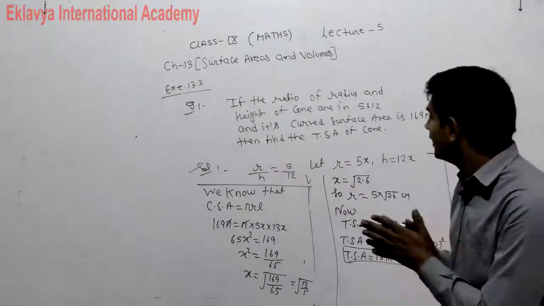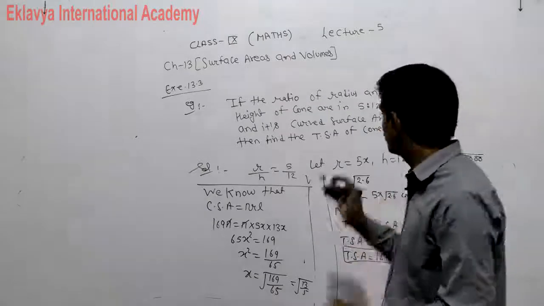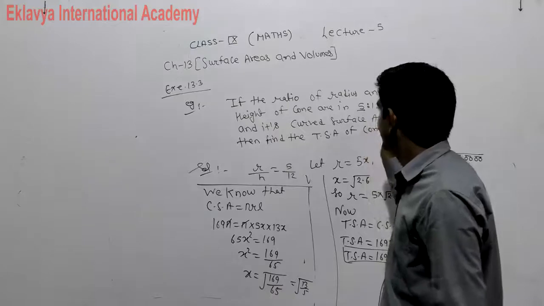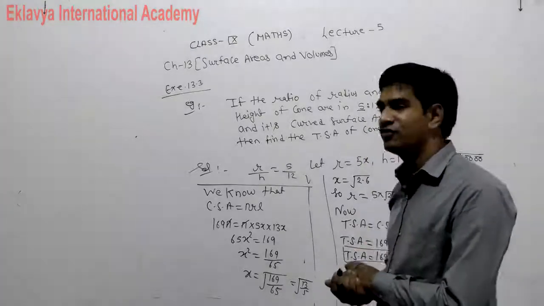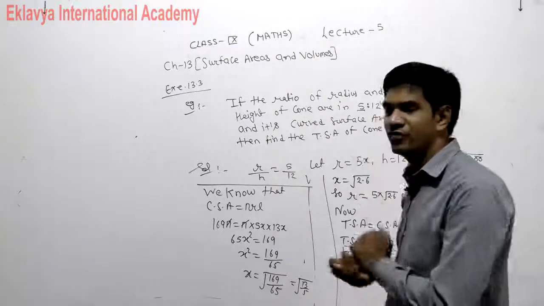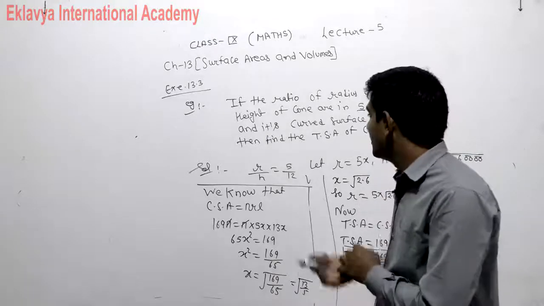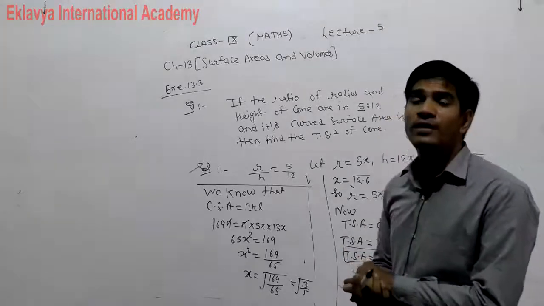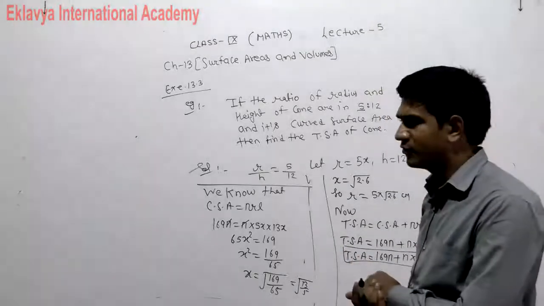So students, in that question, what is given to you? Firstly, the radius and height ratio is given as 5:12. After that, its CSA is also given to you, 169 pi centimeter square.